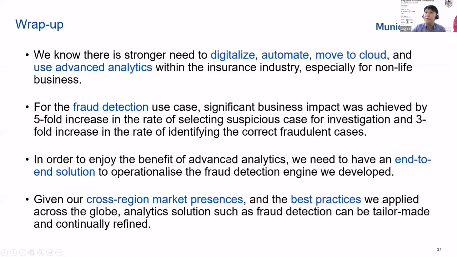In order to enjoy the benefit of advanced analytics, the end-to-end solution that I demonstrated just now is just an API endpoint. From the customer perspective, we can very easily operationalize the API endpoint for them, and then they can enjoy the benefit of advanced analytics. And given our cross-region market presence and the best practices we apply, analytic solutions such as fraud detection can be tailor-made and continually refined.